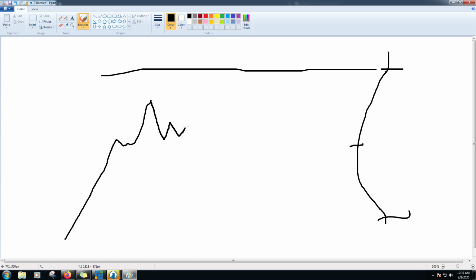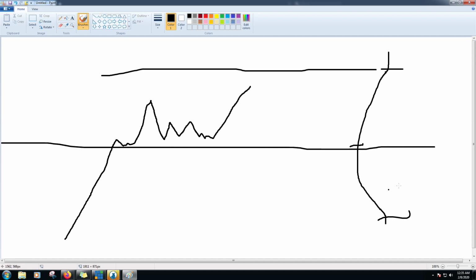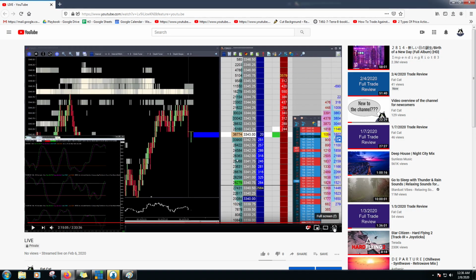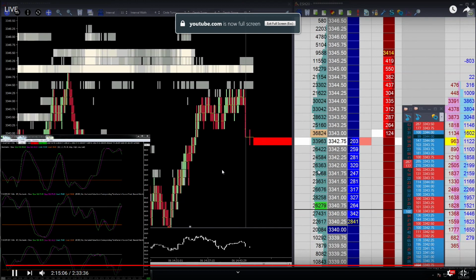It might do this, it might do that, but it's still going to go to the other side. We're auctioning on the other side of the point of control. Just remember that. As long as we're staying on the other side of the point of control, there might be a little bit of chop down here. Sometimes it'll go up and do this, and then go. So the price action is different, but it's kind of the same. You just have to realize what's happening here. So I'm not worried about it at all.